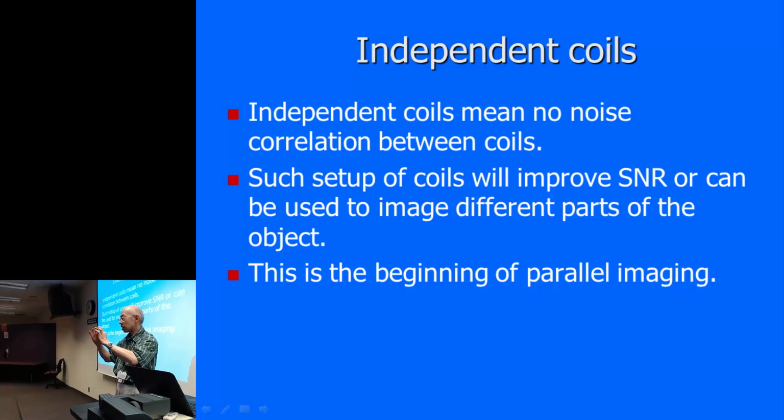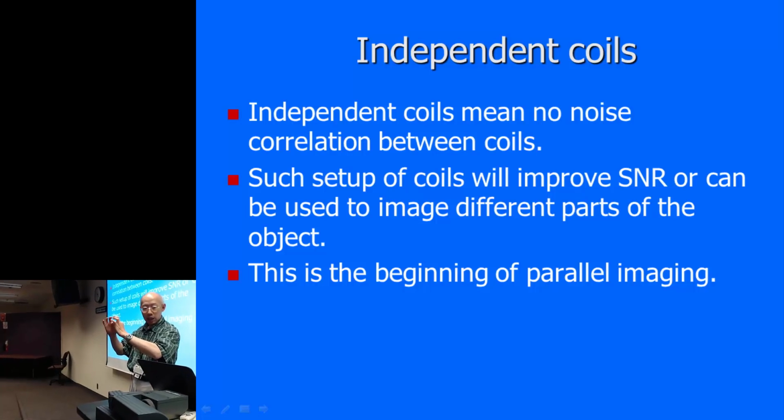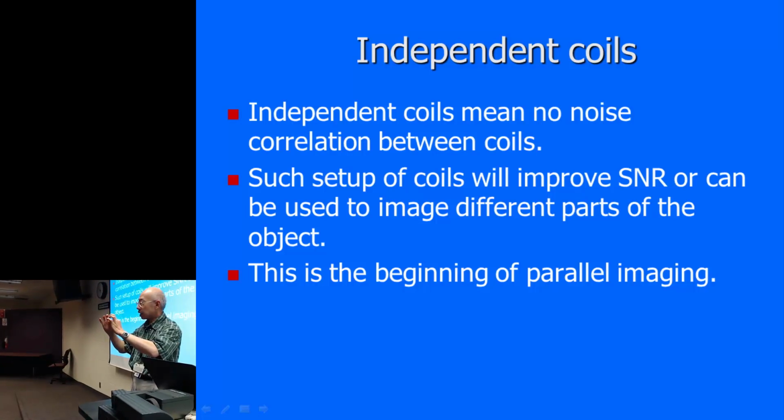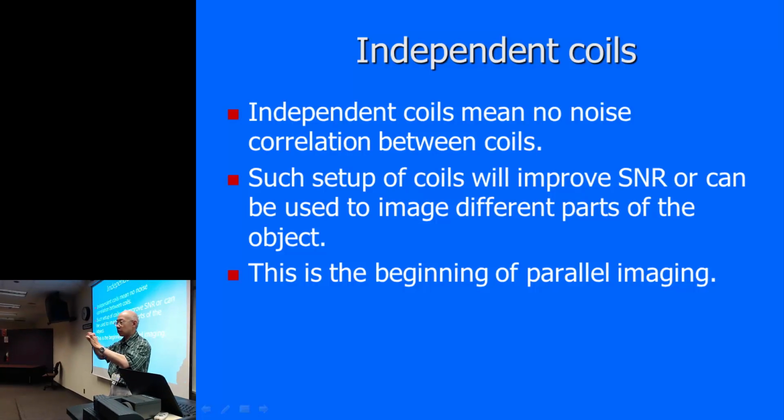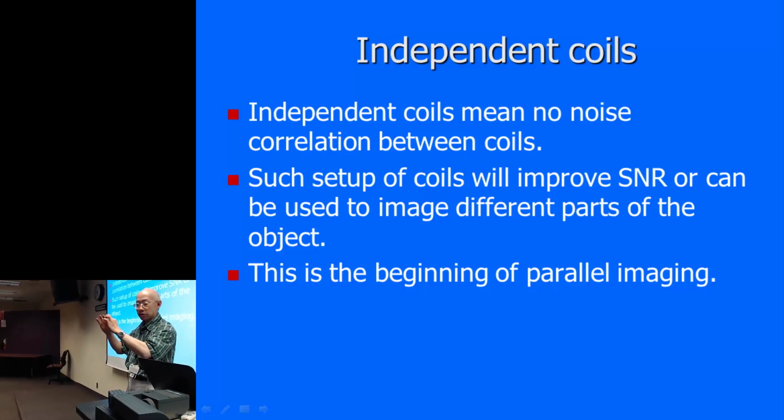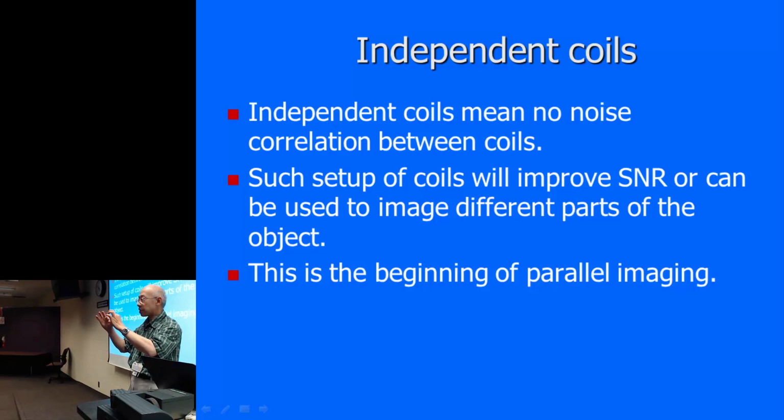That's the mutual inductance. And why is that bad? Well, if this coil picks up noise, it will be transferred to the noise of this coil. So all the noise will basically be correlated. So that's bad.